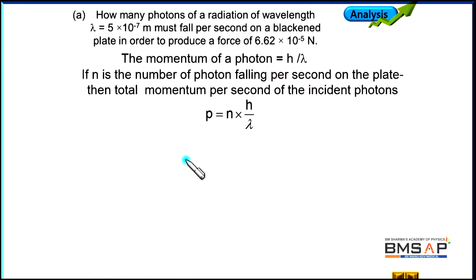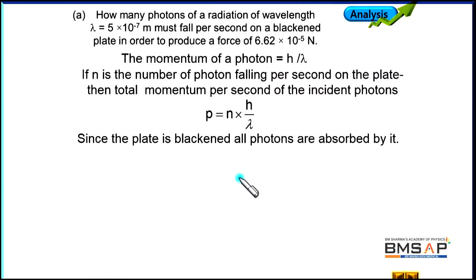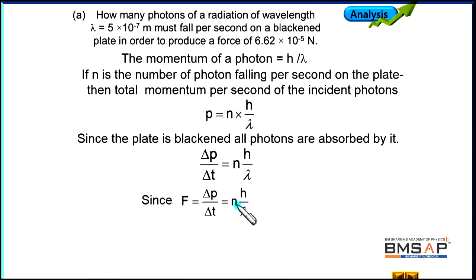So, we can write delta p by delta t = nh divided by lambda, right. And we know this quantity, delta p by delta t, is nothing but the force by the definition of Newton's second law. So, we can write F = delta p by delta t, that is finally equal to nh divided by lambda, right. And from this relation we can find the value of n.